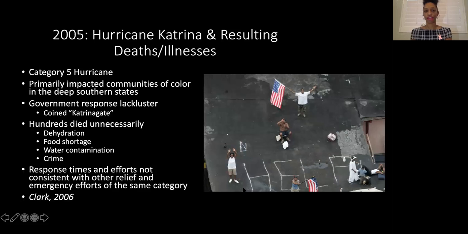In 2005, Hurricane Katrina touched the ground and was just a massive economic disparity for people living in the Deep South, especially in Louisiana and the areas that touched the Ninth Ward, the Lower Ninth Ward. It was a Category 5 hurricane, and it primarily impacted, once again, communities of color.